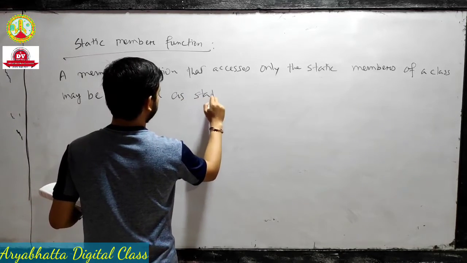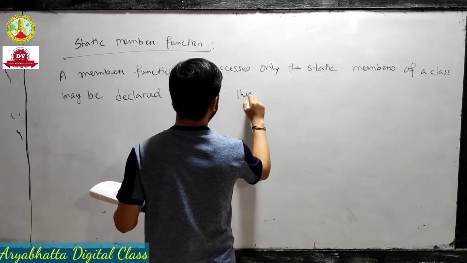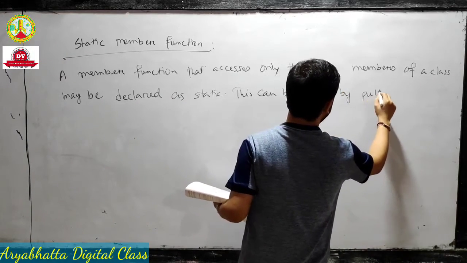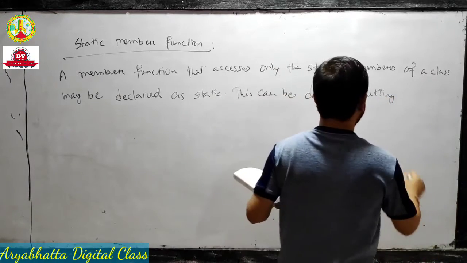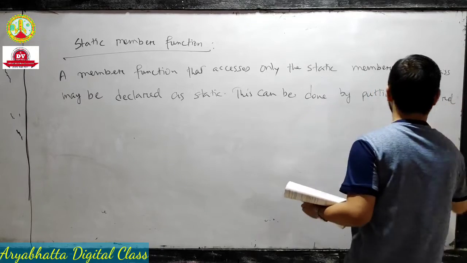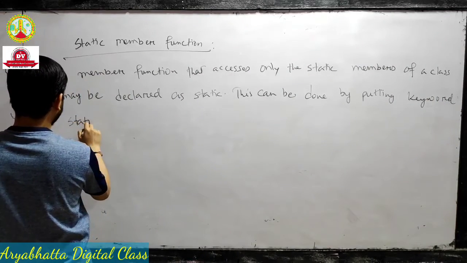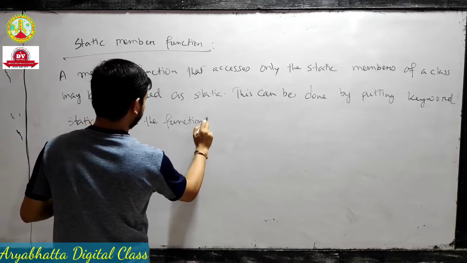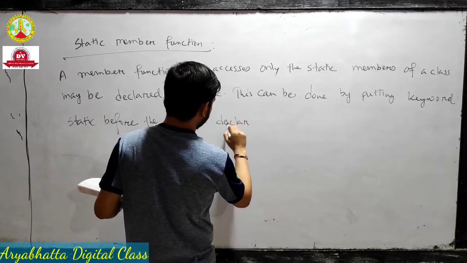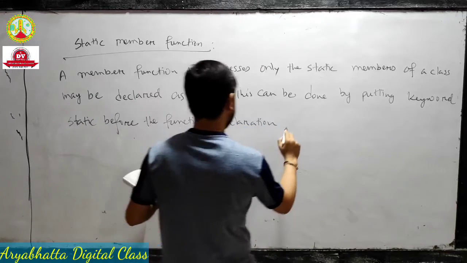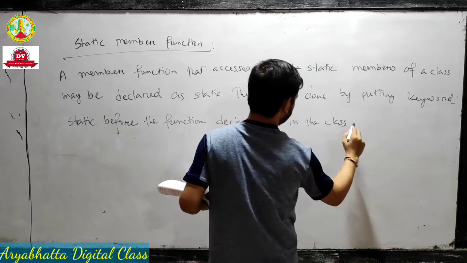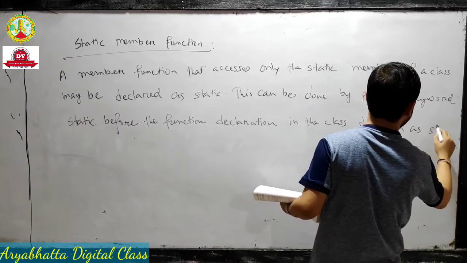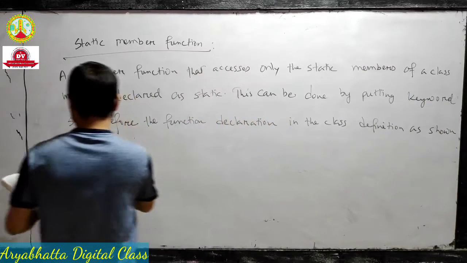It is declared with the static keyword. This can be done by putting the keyword static before the function declaration in the class definition, as shown below.